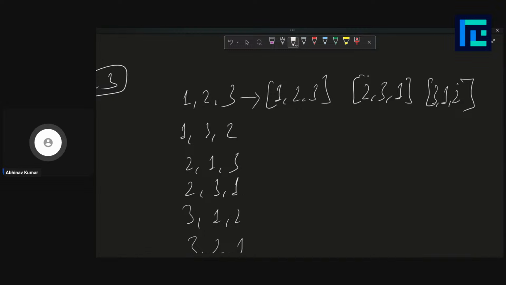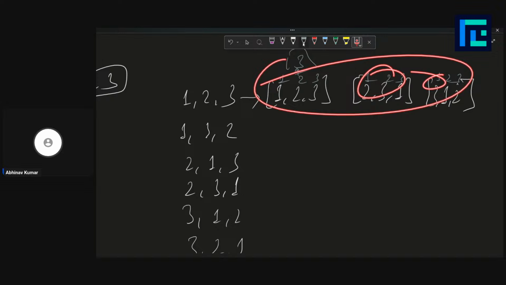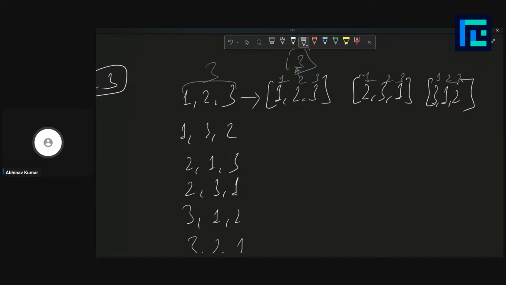For 1, 2, 3, if you index it, the number of fixed points where ai equals i is all 3. So for this, your answer is 3. For the others it would be less, so the maximum among them is 3. So for this permutation, the value of gP is 3.